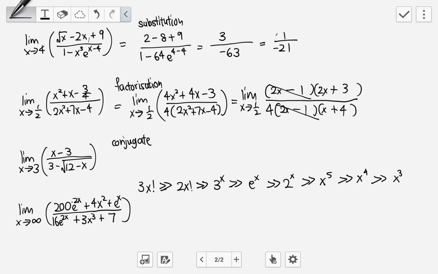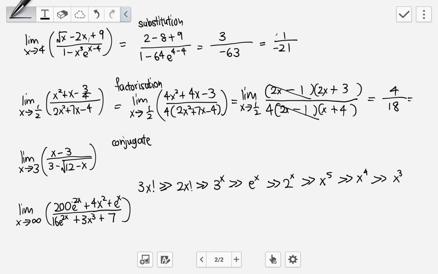When we substitute half, half times 2 equals 1, 1 plus 3 is 4. So I have a 4 over here, and half plus 4 is 4 and a half, which is just 9 over 2. Then 9 over 2 times 4, you get 18.